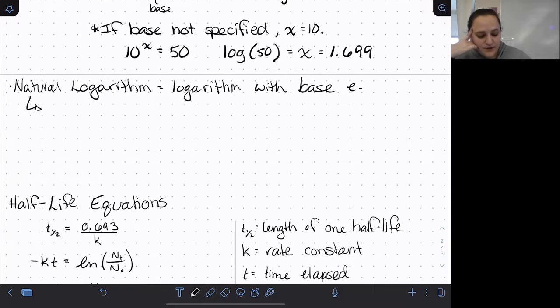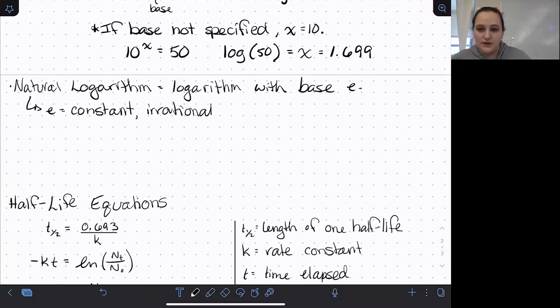It is an irrational number. I think of it as kind of like pi, but a different value. It's an infinite, non-repeating decimal, and it has an approximate value of 2.718. So kind of like pi, but a different number is how I like to explain it.